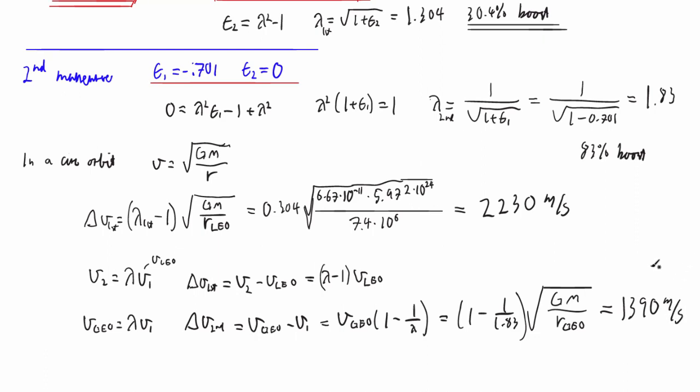So it's actually a smaller boost here in meters per second, which is interesting, given that the actual boost in terms of percent is higher. Whereas in the first maneuver we had 2,230 meters per second. That was the boost, but it corresponds to only a change in velocity of 30%.